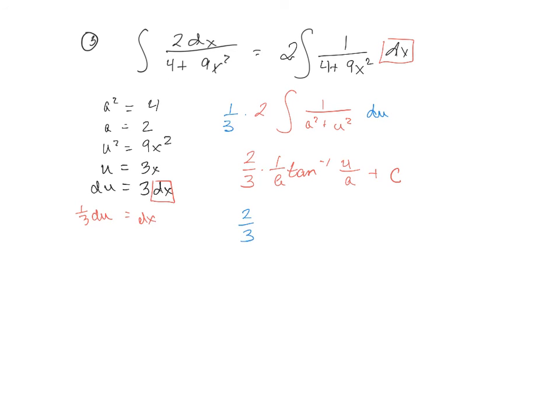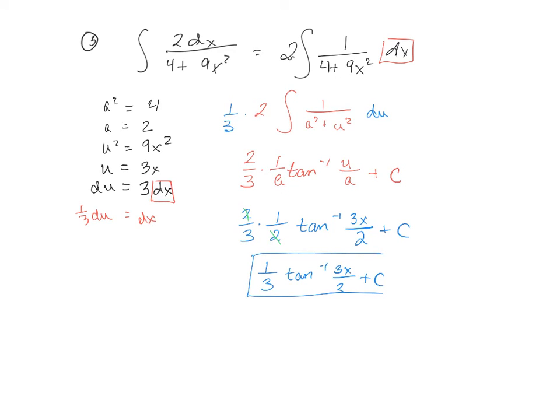So we have our 2/3 times 1 over my a value, inverse tan of u, which is 3x, divided by a, which is 2, plus c. Now I'm going to simplify this fraction in front, so 2/3 times 1/2 is just going to become 1/3 as my leading coefficient of inverse tan of 3x over 2 plus c. And that right there will be my final answer.